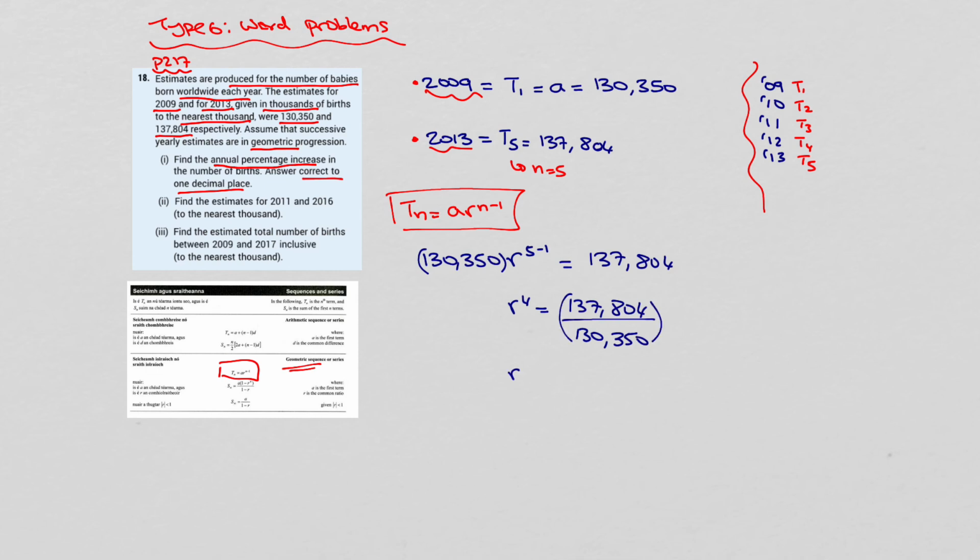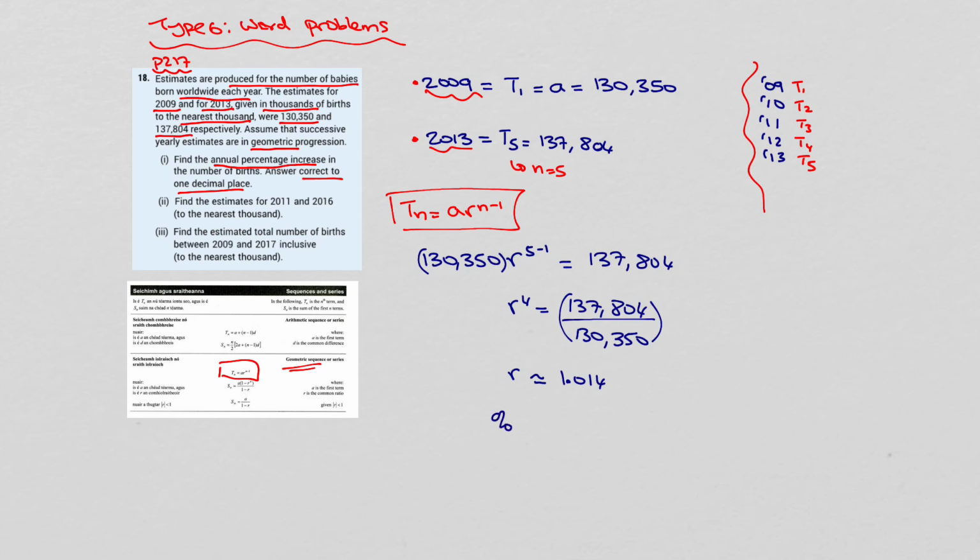And then if I get the fourth root of both sides, well then that's going to be approximately 1.014, and of course, correct to 1 decimal place. Well, r is what it's increasing by.